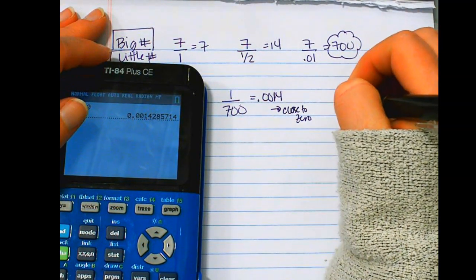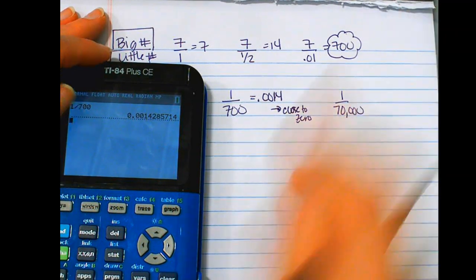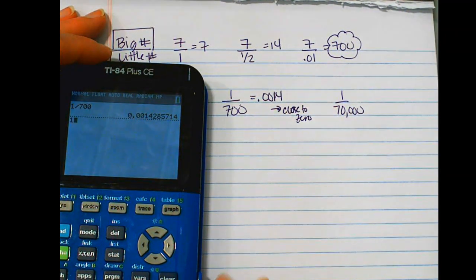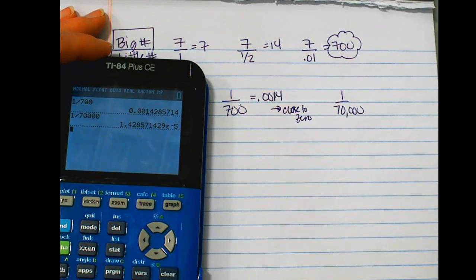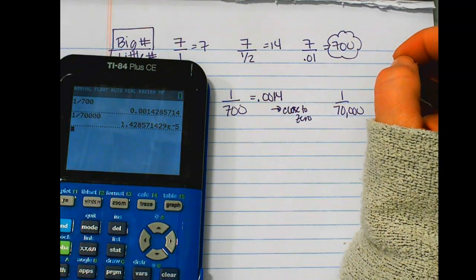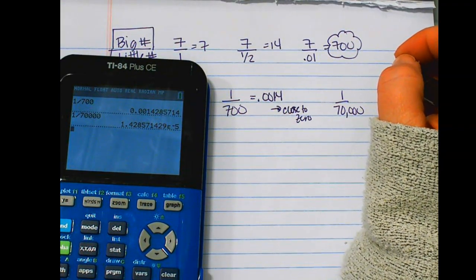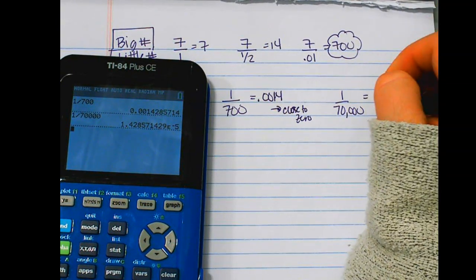So 1 over 70,000. 1 divided by 70, 1, 2, 3. You can. But the calculator isn't so clear here. Why is that? Look really closely at the calculator.